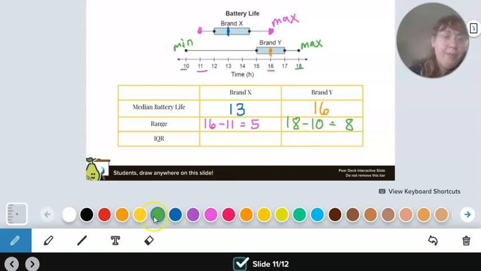And then finally for the IQR, we're looking at just the box, which goes from 12 to between 14 and 15. So 14 and a half minus 12. When we subtract 14.5 minus 12, we get 2.5.